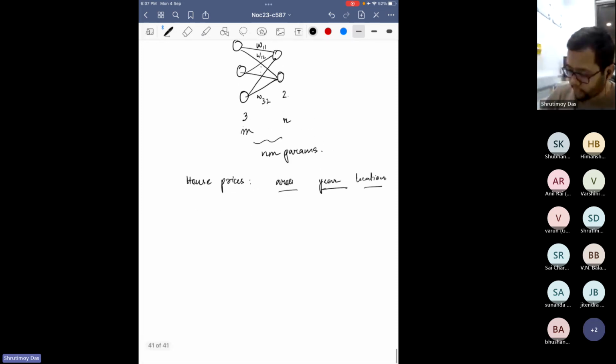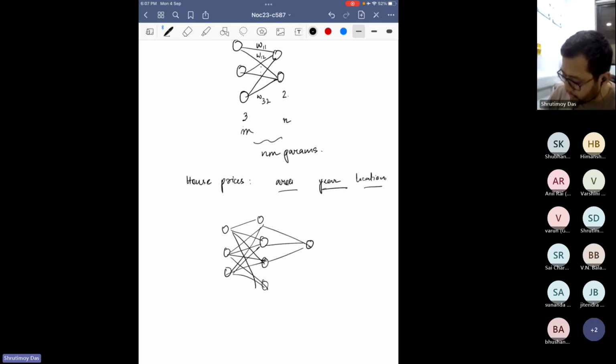So in a neural network, suppose we have one hidden layer and one output layer. The input that you give will be connected like this. The input that you give, these are the features that you have.